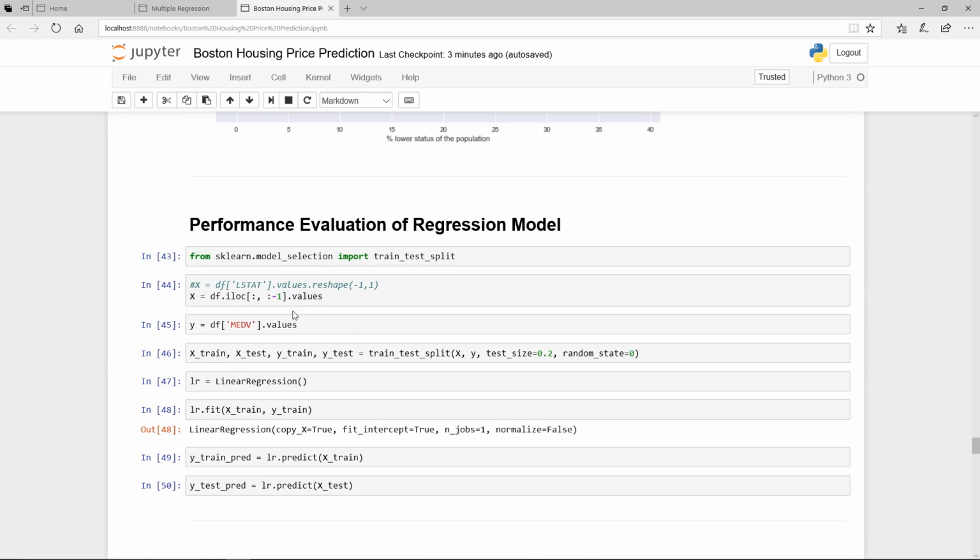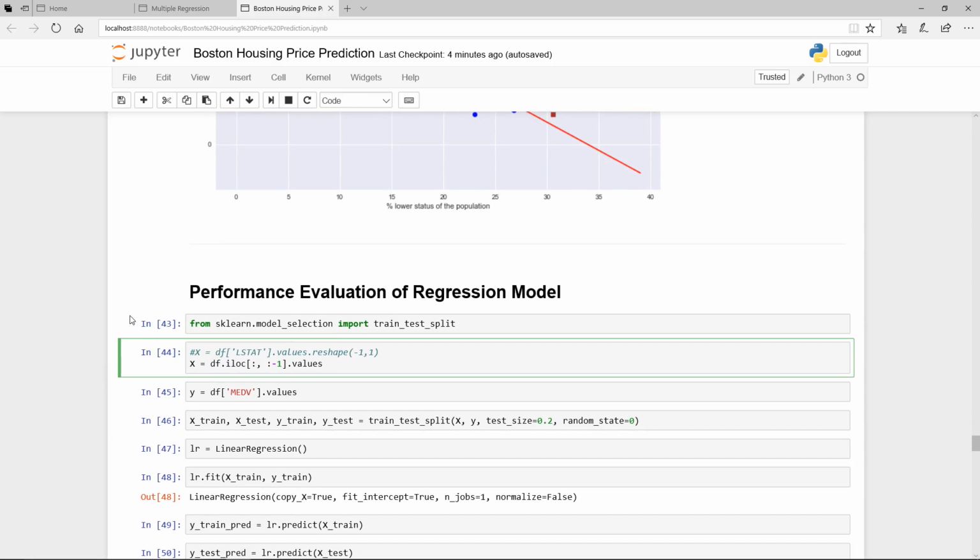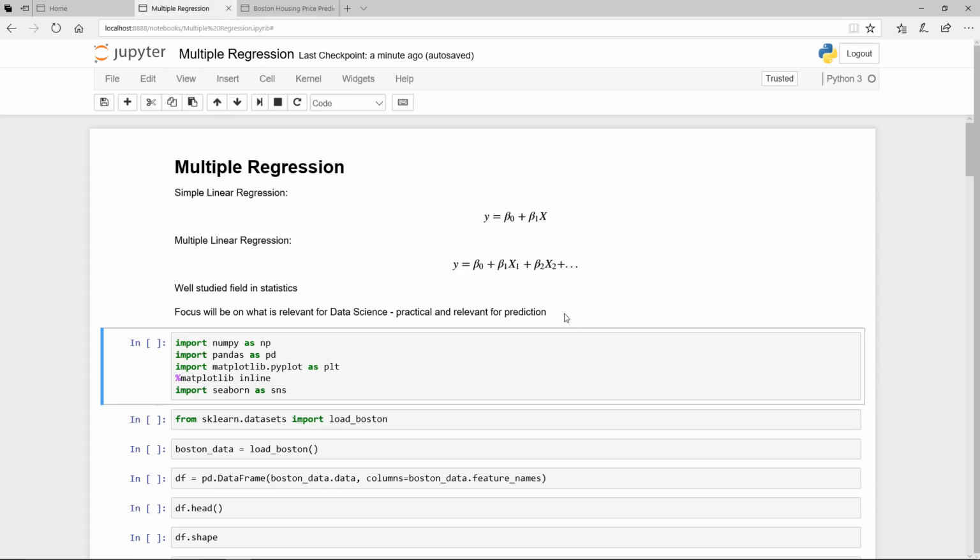So that's really this part, whereby we use everything to conduct our linear regression. That's where, in the performance evaluation, we did perform the multiple regression, but I didn't really go into a deep explanation of it. So this is what this video is really for.